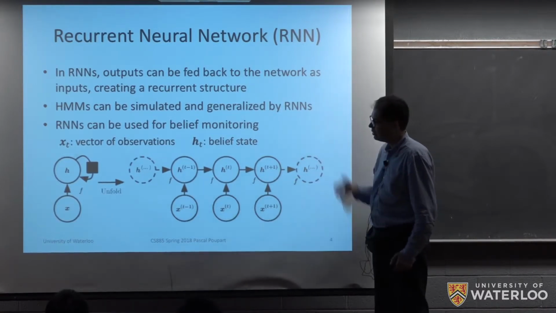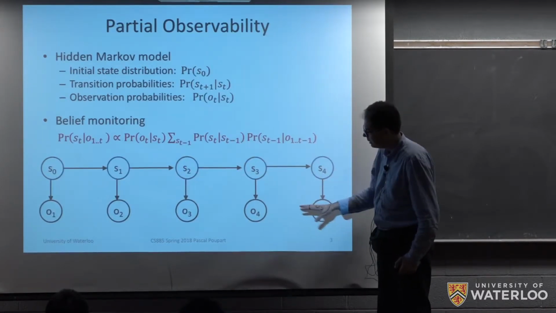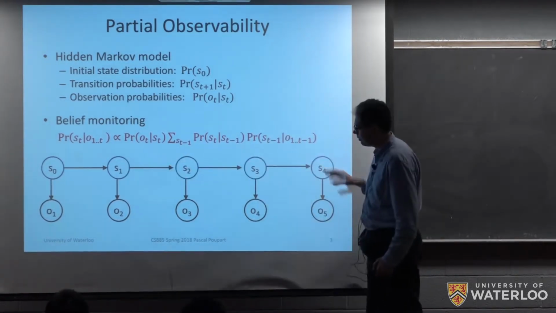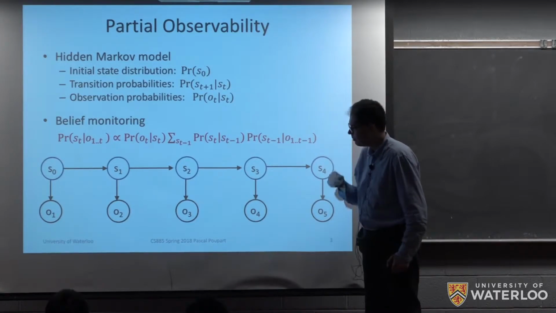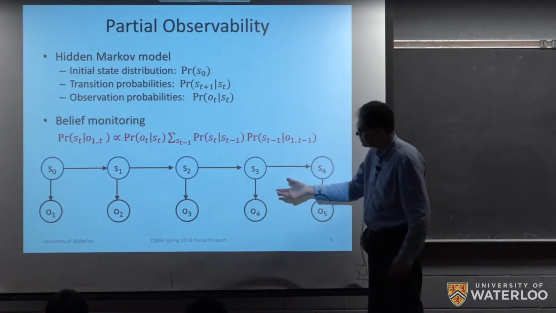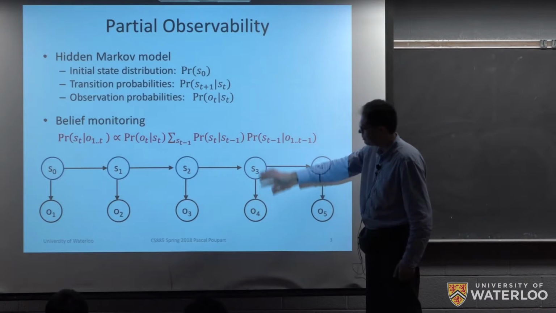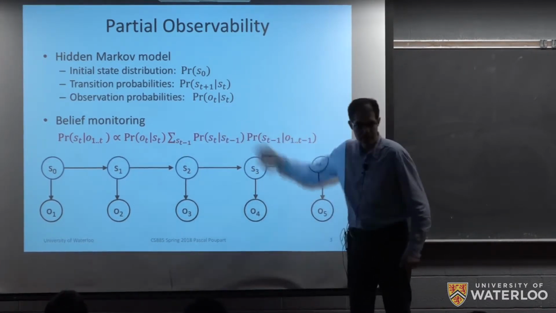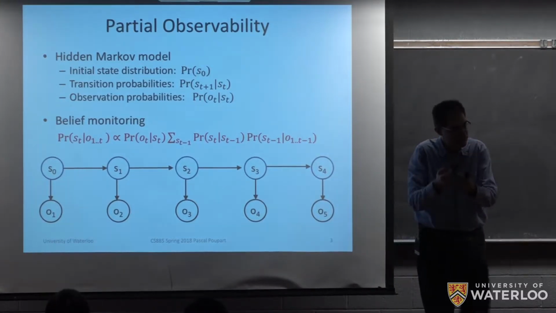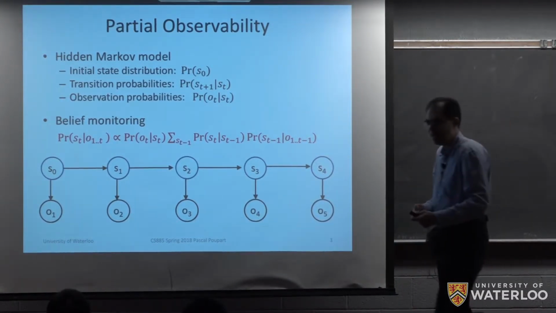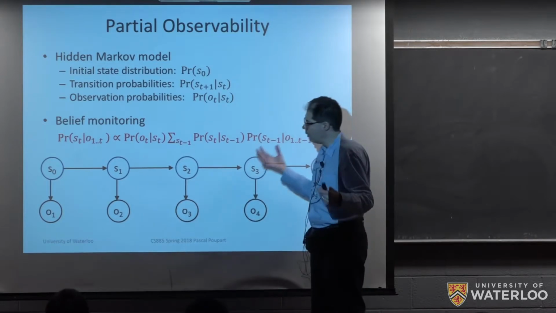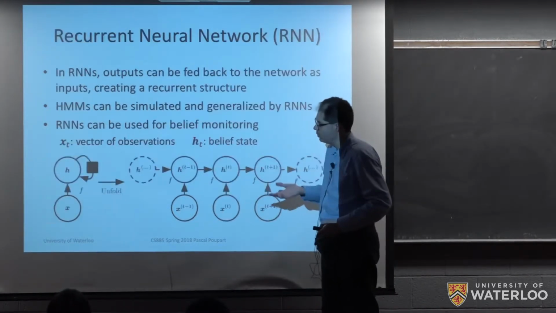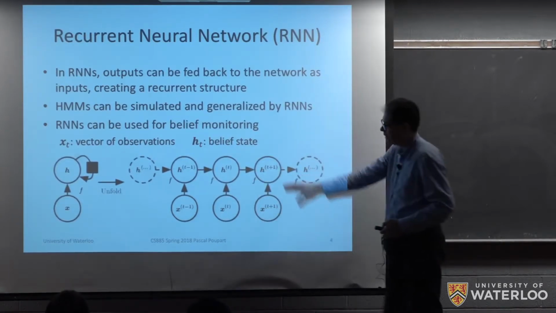If I go back, a hidden Markov model has a similar structure: I've got my hidden states here and the observations below. At every time step, I combine one new observation with my hidden state through this update. But this is a very specific way of doing the updates, and perhaps we could do the updates in different ways. The recurrent neural network allows us to generalize this.